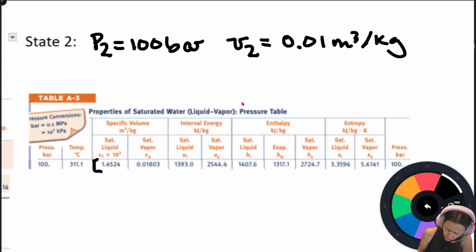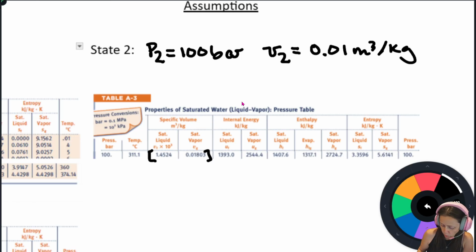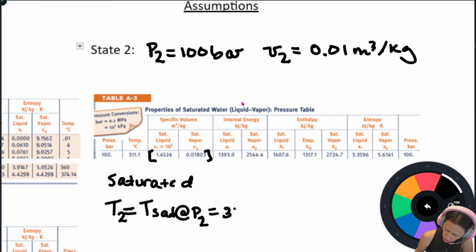At 100 bar, we are between our V sub F of 0.0014 and change and 0.018 and change. So I know it's saturated. That tells me that at 100 bar, the only temperature it could be is my saturation temperature, which is 311.1 degrees Celsius.